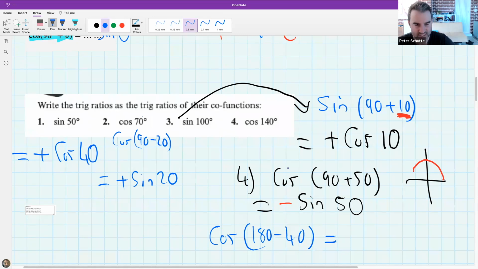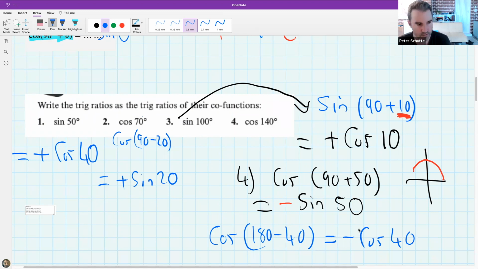But the question said, in this case, that you must use the co-functions. So that's why we are using the co-function of cos, which is sine. However, if you were given a choice, you could reduce the cos of 140 using the horizontal, in which case this would be in quadrant number 2. So it would be negative cos 40.